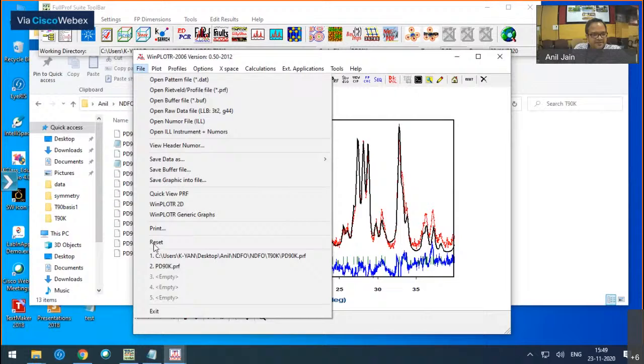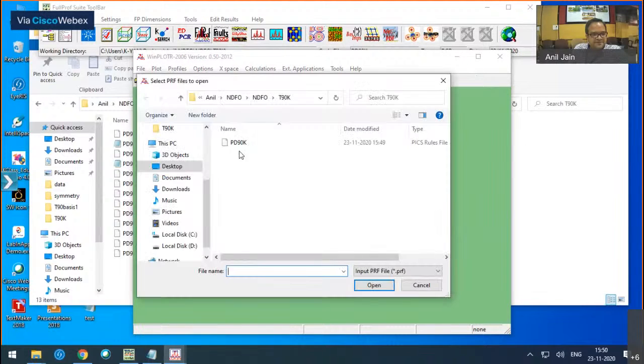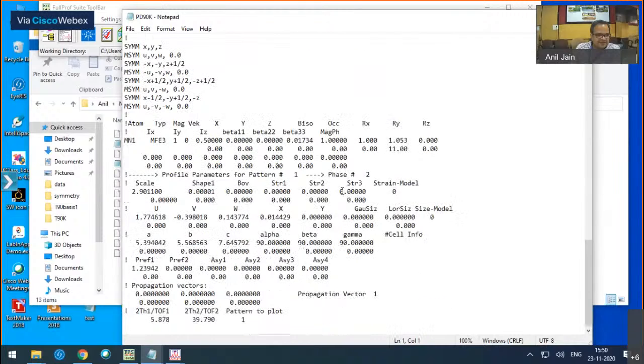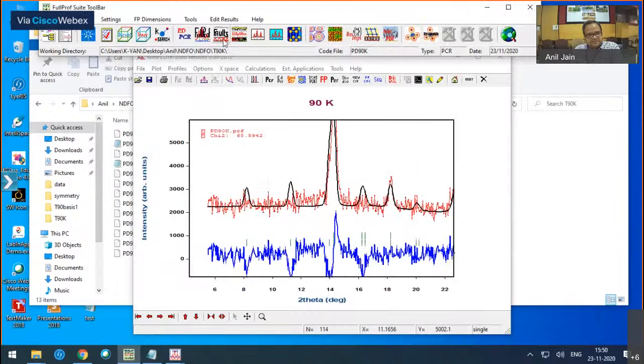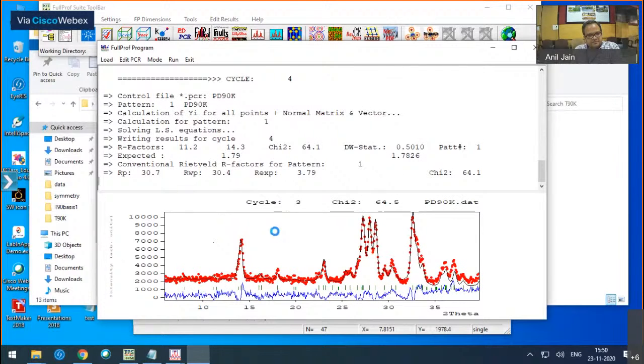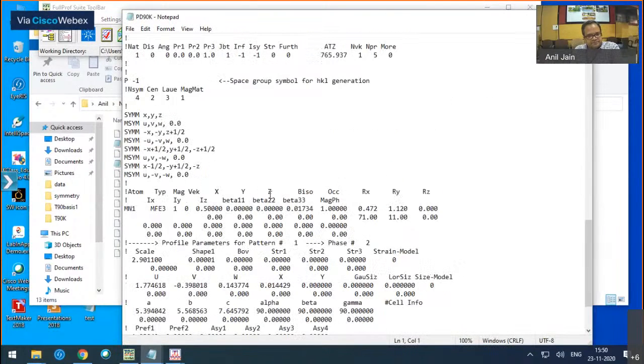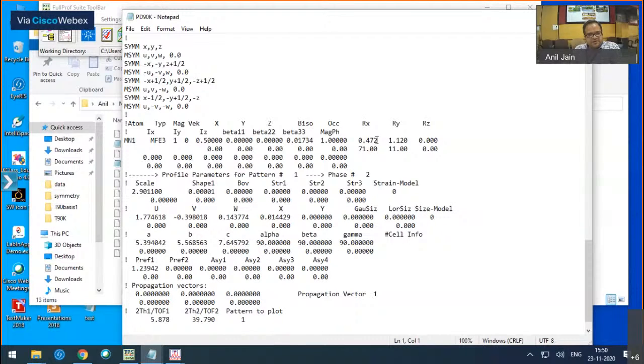So file, reset PRF. Yes. So you see that keeping this moment along the A axis does not give us a good fitting. I can try putting a refinement on this. You can see it becomes smaller, and in principle there is no intensity.